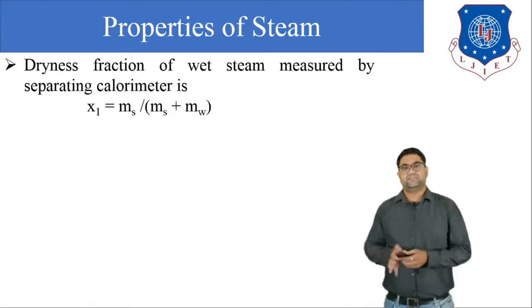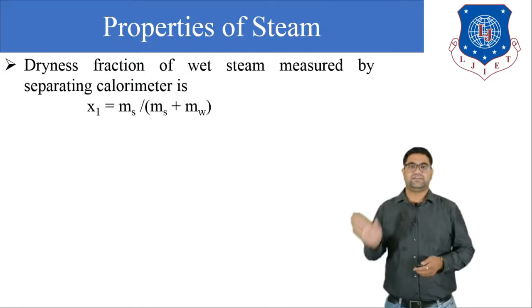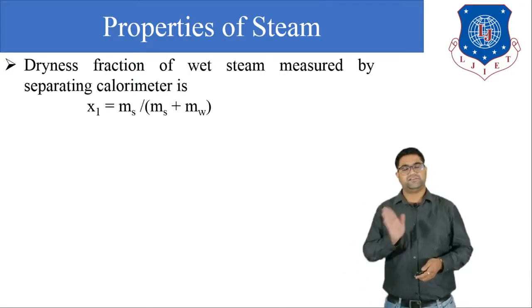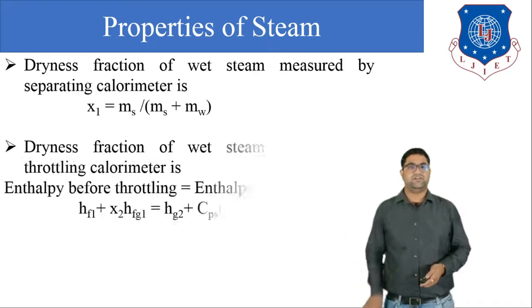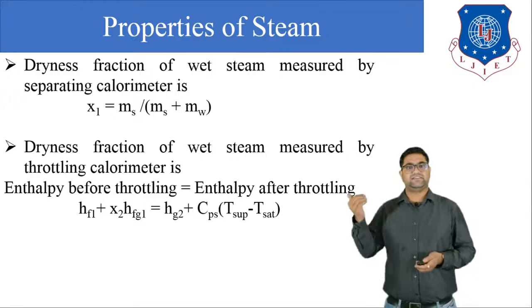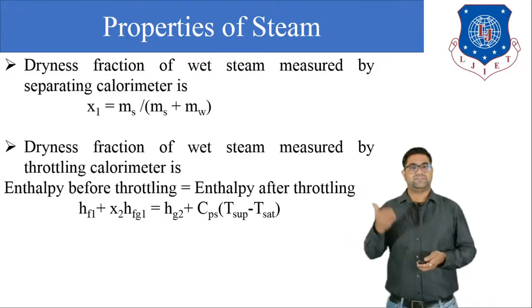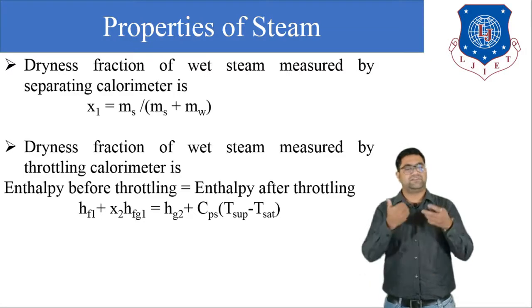Now we know that the dryness fraction of the separating calorimeter x1 is equal to ms upon ms plus mw. Okay, this is the dryness fraction of the separating calorimeter. Now second, we know the dryness fraction of the throttling calorimeter, that is hf1 plus x2 hfg1 is equal to hg2 plus cps (T superheated minus T saturated).